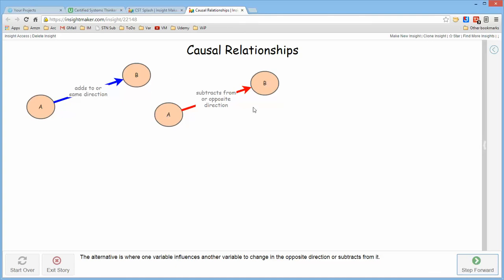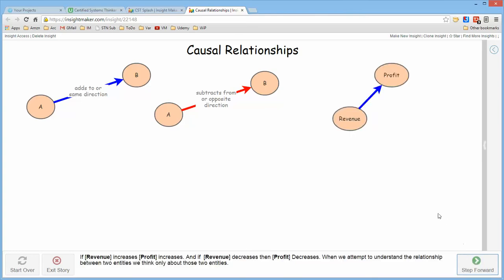Now, to clarify the difference between the two of those, let's use a small example. Consider the relationship between revenue and profit. If revenue increases, profit increases. Now, when we think about understanding the relationships, what we do is we attempt to understand a relationship between two entities and ignore the possibility of everything else in the world being there.